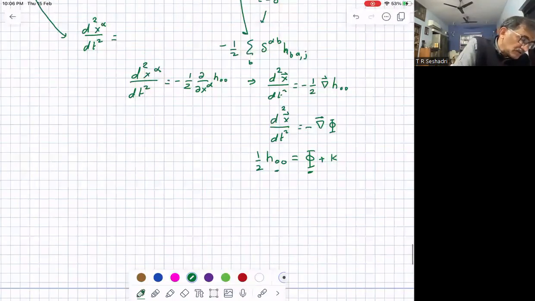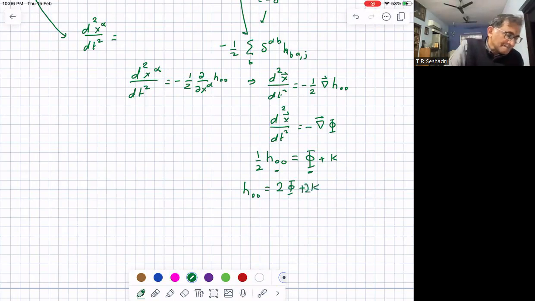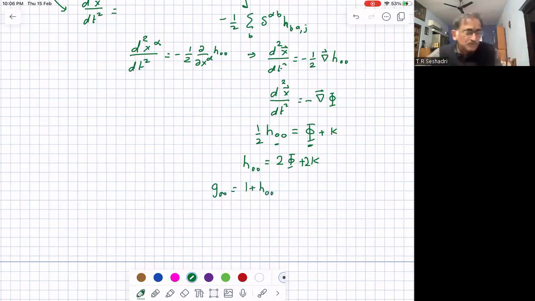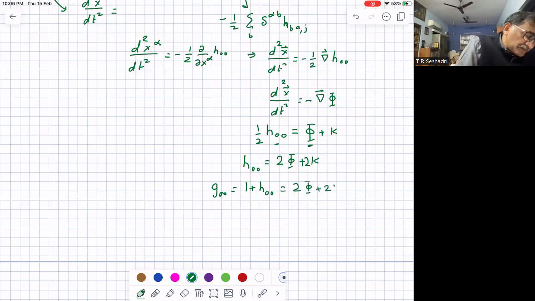And so I have h00 is equal to 2 phi plus 2k, and g00 is equal to 1 plus h00 because eta 00 is 1. So this is equal to 2 phi plus 2k plus 1.